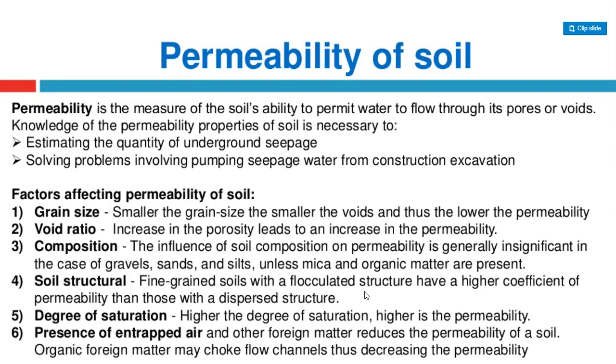An increase in void ratio, that is porosity, leads to an increase in permeability. Composition: the influence of soil composition on permeability is generally insignificant in the case of gravels, sands, and silts, unless mica and organic matter are present.